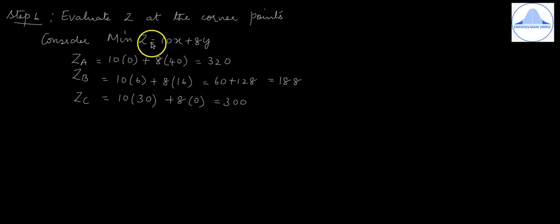Now, because the objective function is a minimization problem, you have to find out the least z value. The least z value is 188. So next, write the last step, which is the conclusion.